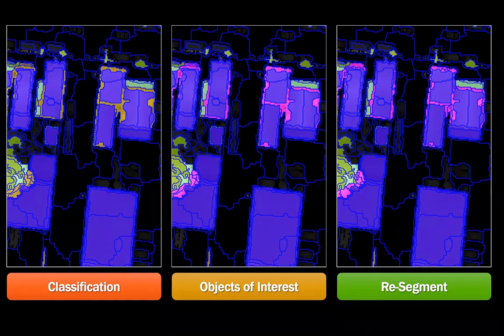So I've run a simple routine that says, hey, if you have things that have these properties, right? So they've got a high number of returns, but they're close to buildings. Let's focus on them. However, I noticed those objects were a little bit too big for me to do subsequent refinement steps. So what I've done over on the far right there in green is I resegmented those into smaller objects so that I can apply additional refinement classification algorithms.